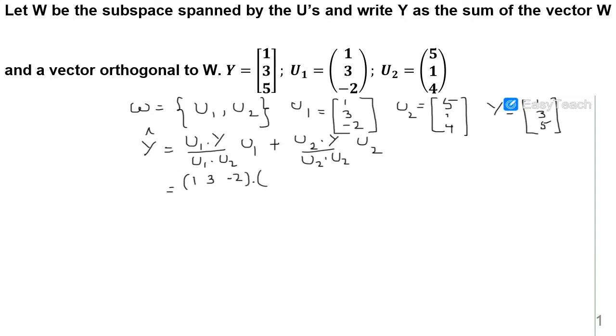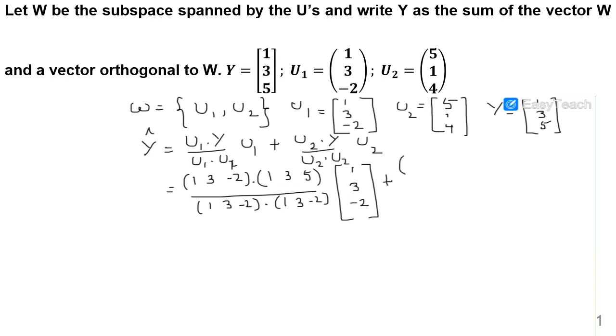It is (1, 3, 5) dot (1, 3, -2), divided by (1, 3, -2) dot (1, 3, -2), multiplied by u1 (1, 3, -2), plus u2, that is given by (5, 1, 4), multiplied by the dot product (1, 3, 5) dot (5, 1, 4) divided by (1, 3, 5) dot (1, 3, 5).